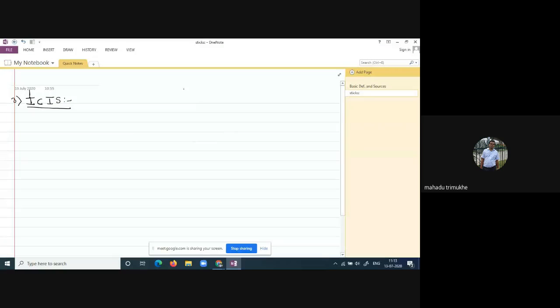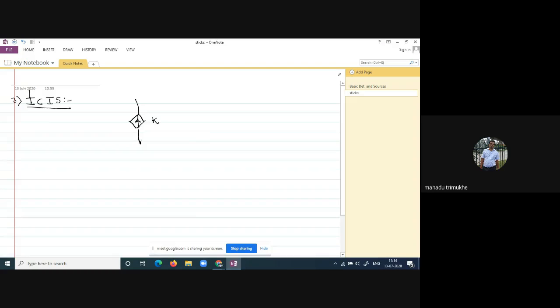Suppose if we see the example here, we have a current source, right? This is our current source. That current source is nothing but your K, we have to assume.